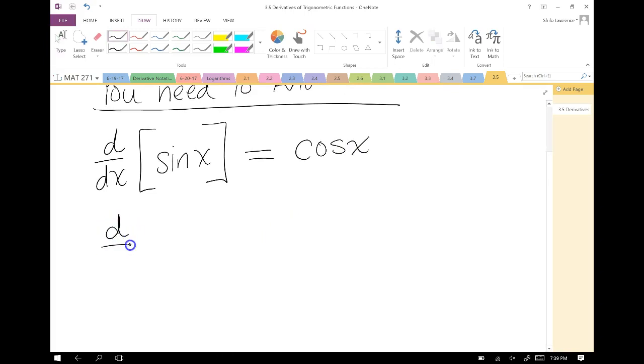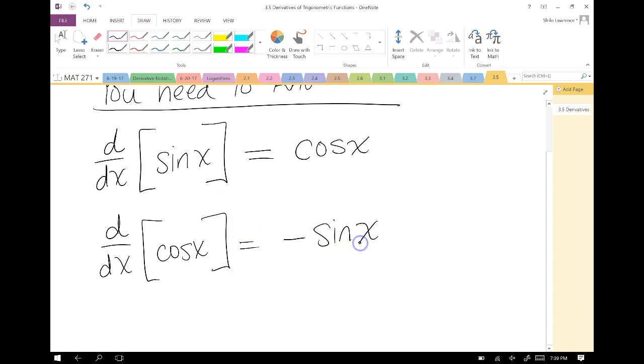And the derivative for the cosine of x is negative sine of x. So the derivative for sine of x is cosine of x, and the derivative for cosine of x is negative sine of x.